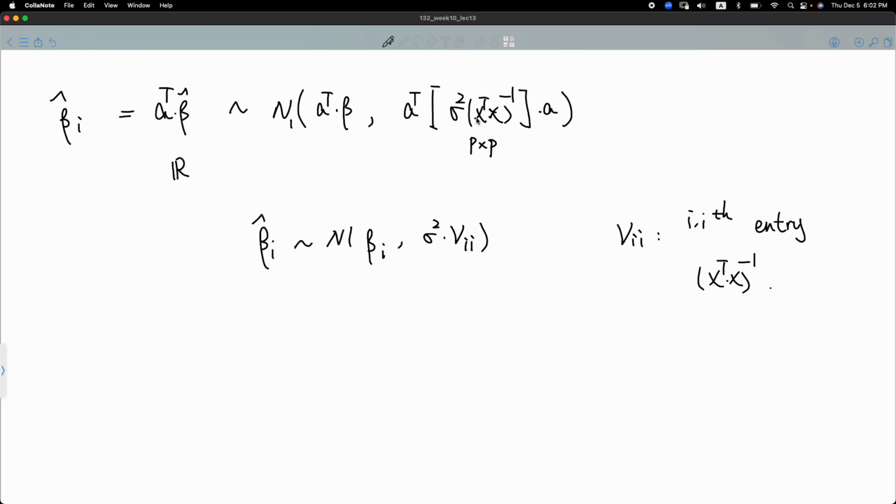So when you left and right multiply by that vector A, you are essentially just getting that particular entry that you want. And here everything is in scalar. So this is also a scalar, and after you multiply by that, you will also get a scalar. Okay.